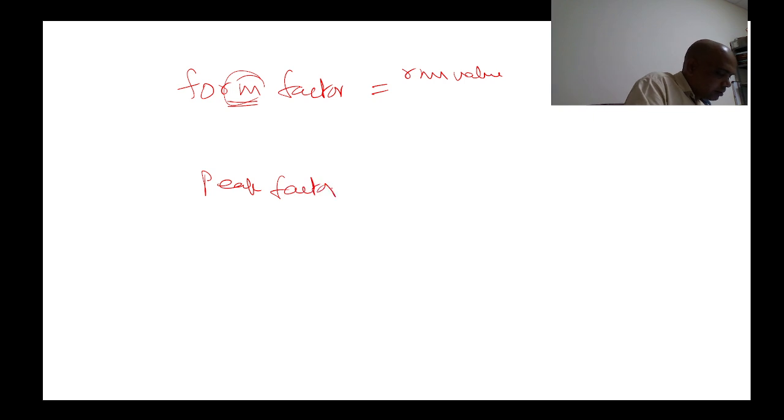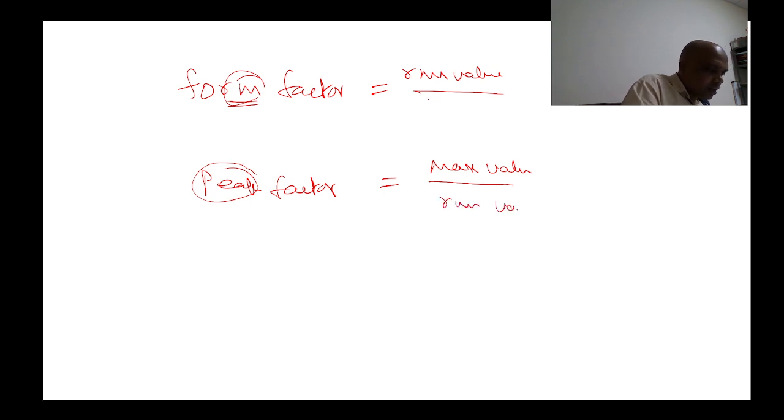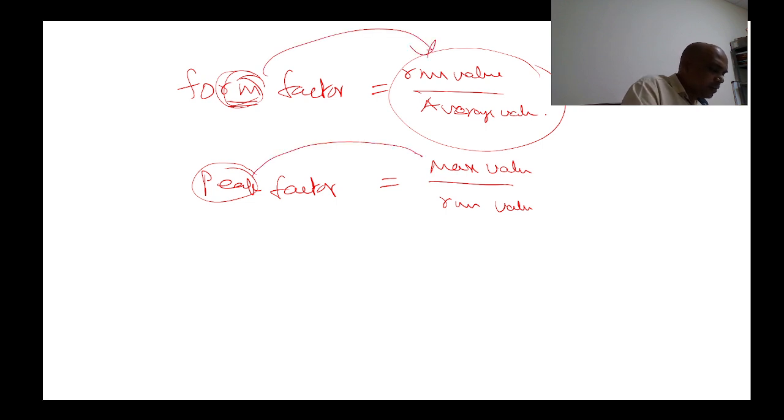Peak factor: peak means maximum, so maximum value by RMS value. And form factor is RMS value by average value. How can you remember? There is RM. First comes RMS, then peak, and peak means maximum value.